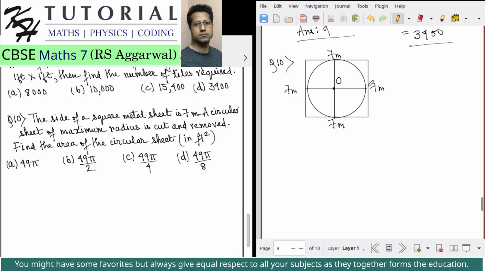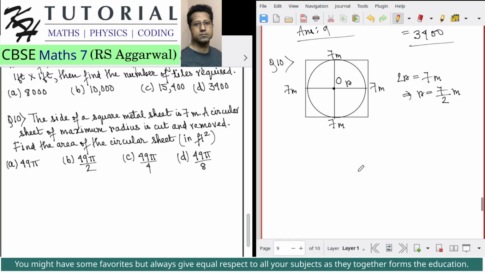The largest circle that can be inscribed in a square has a diameter equal to the side length of the square. So if I consider R to be the radius of the circular sheet, I must have twice R, that is the diameter of the circle, equal to 7 meter. So this implies R, the radius of the circular sheet, will be 7 by 2 meter.